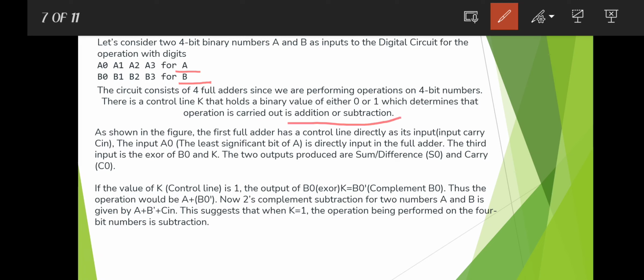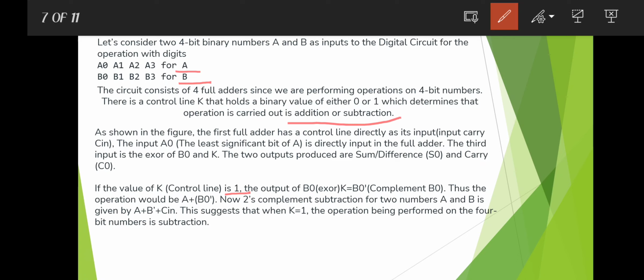As shown in the figure, the first full adder has the control line directly as its input. The input A0 is directly input to the full adder. The third input is the XOR of B0 and K. The two outputs produced are the sum or difference, and the carry. If the value of K is 1, the output of B0 XOR K is equal to B0 bar.